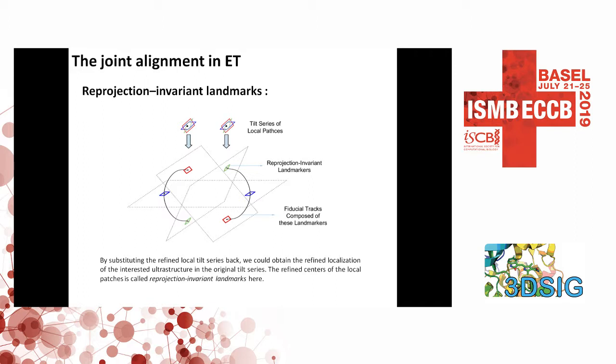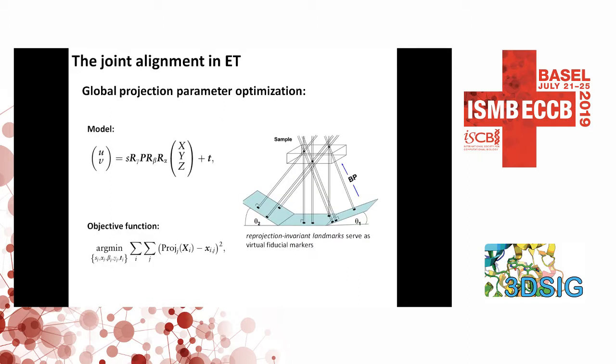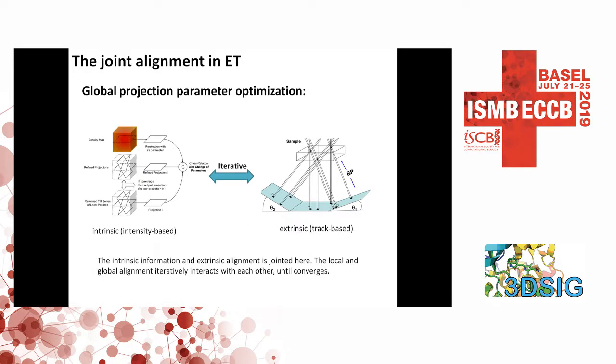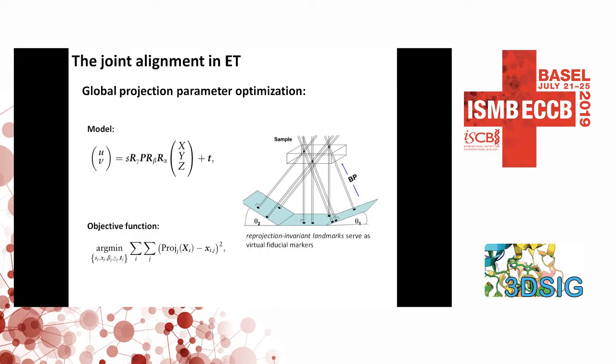So we compose a series of virtual checks, and then we go back to the fiducial marker projection model. We solve this model just like what a fiducial marker-based alignment technique has done. So with this, we can keep the 2D and 3D relationship.